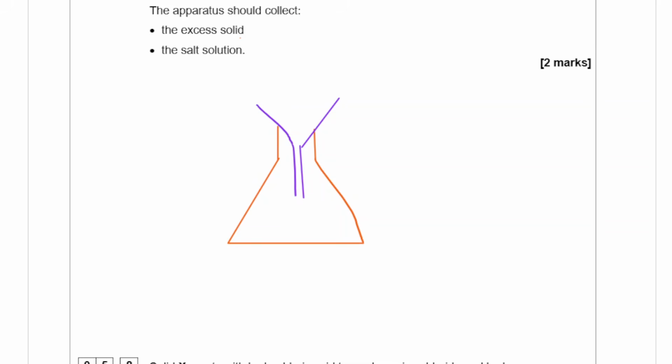And the filter paper, use a different color paper. And you're going to have the solid that is stuck there.